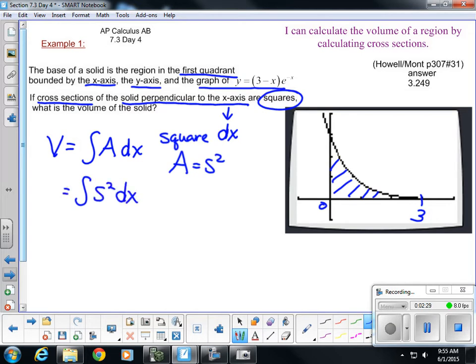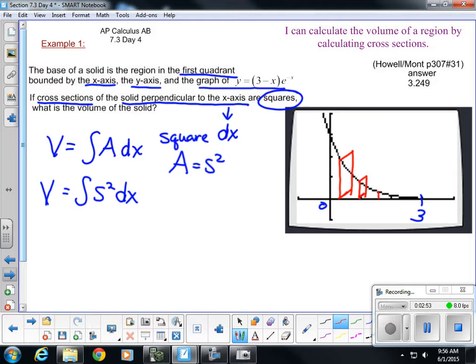So we're going to have to see what measures the side of that square. So let's try drawing this on our little diagram over here. This is what the squares would look like on this area in between 0 and 3 of this graph. And this is only in the first quadrant.